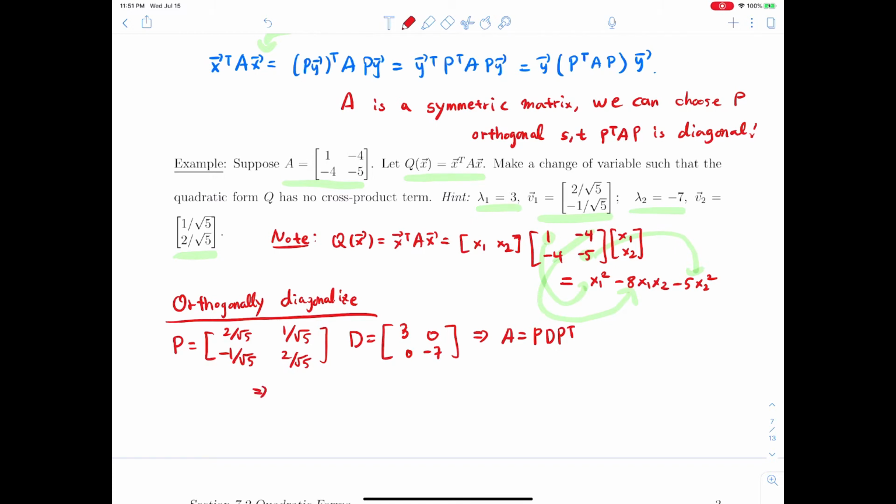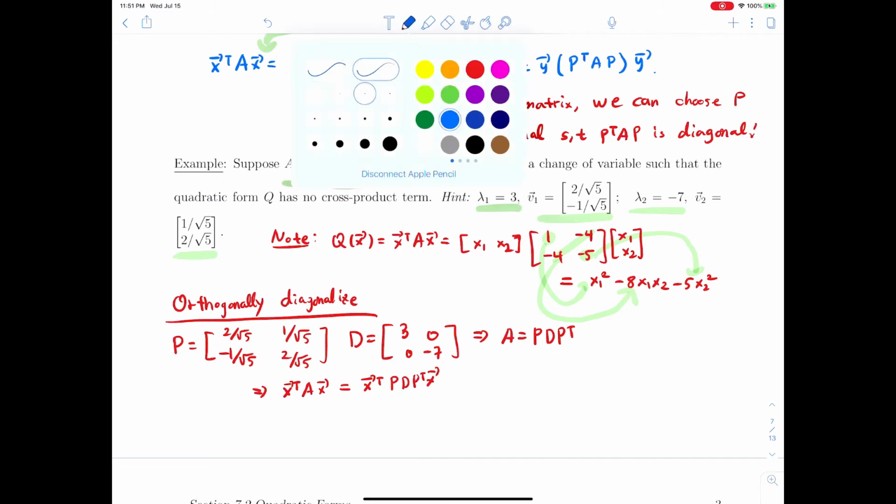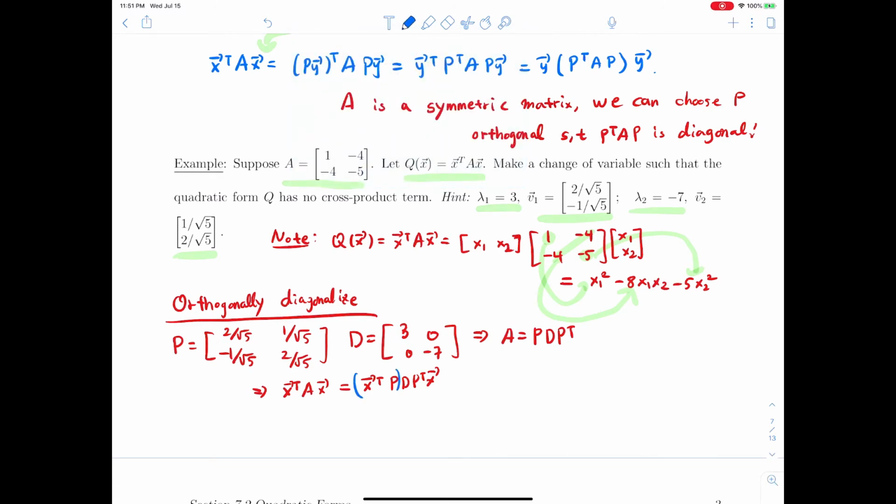Then this gives you the quadratic form x transpose A x, which certainly equals x transpose times P D P transpose times x. If you put the parentheses here and there, this equals (P transpose x) transpose times D times P transpose x.